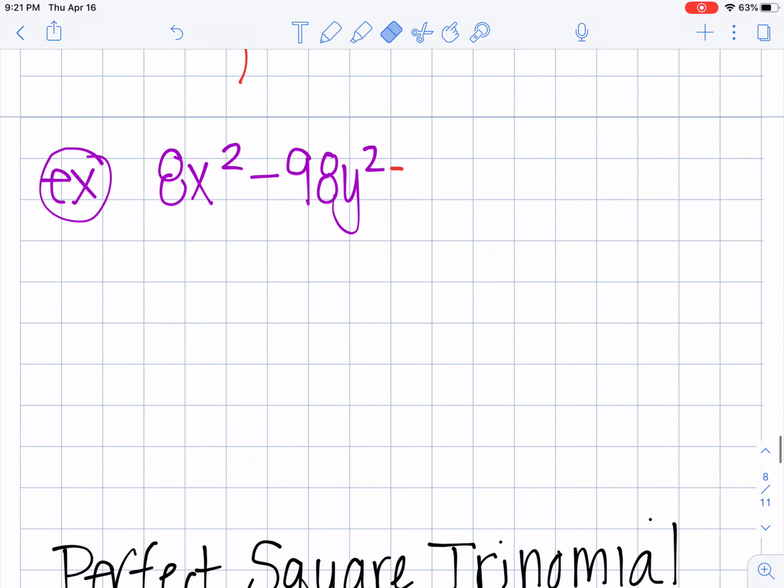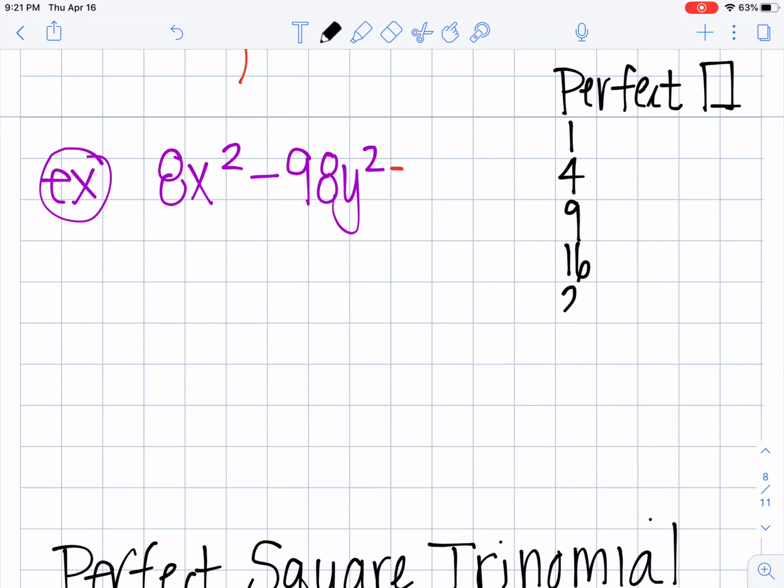And for those of you that are having a hard time remembering your perfect squares, it's these numbers. Let's make a list. I'm just going to write perfect squares. We got 1, 4, 9, 16, 25, 36, 49, 64, 81, 100.